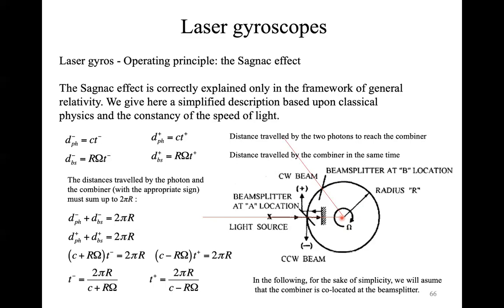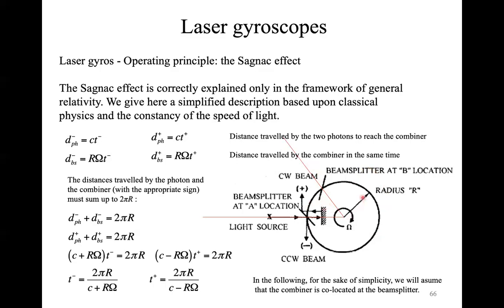The main purpose of the laser gyroscope is to use the Sagnac effect in order to see the interference of two signals moving in opposite directions, which will form interference fringes because the path where those two light beams are moving is rotating. So let's start with a simple case.